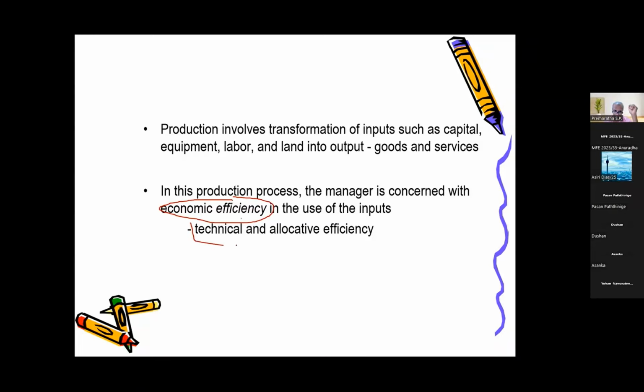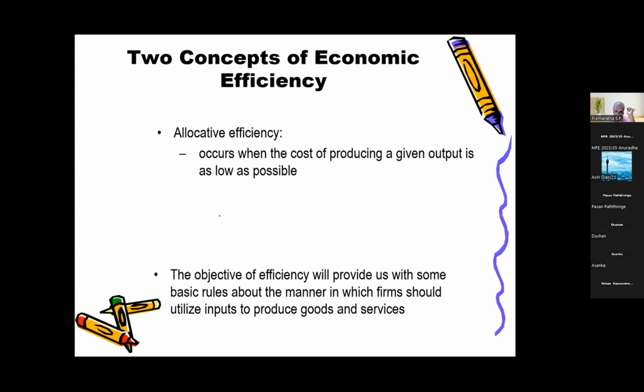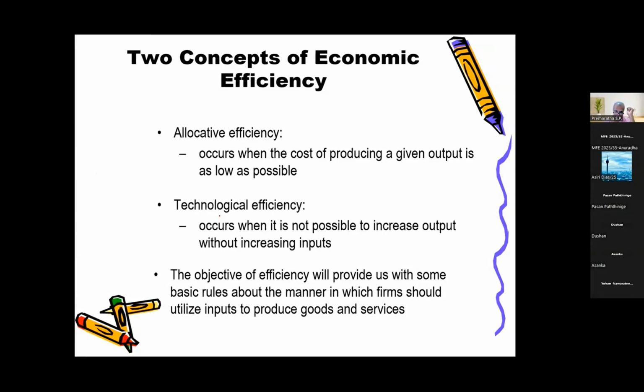One is the technical efficiency, the other one is the allocative efficiency. The most important point is that achieving one doesn't mean that the producer achieves the economic efficiency. As a producer, if you try to achieve the allocative efficiency, it's only part of the total economic efficiency.